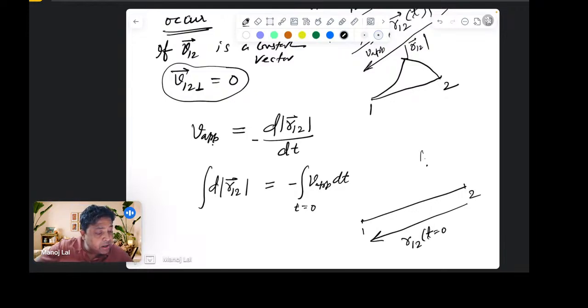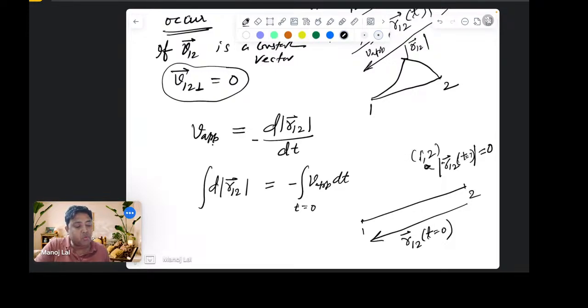It means 1 and 2 come to the same position, both particles come to the same point. So R12 at t equal to T, this mod or even this vector, is equal to 0. So t is equal to capital T.